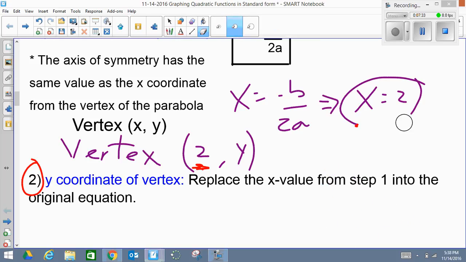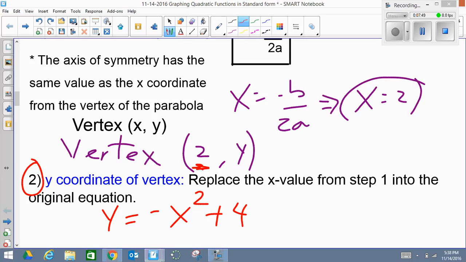Now I have the axis of symmetry, which is that. I have the x value from the vertex. Now I need to find the y value. To find the y value, I bring back my original equation, which was -x squared plus 4x plus 4.